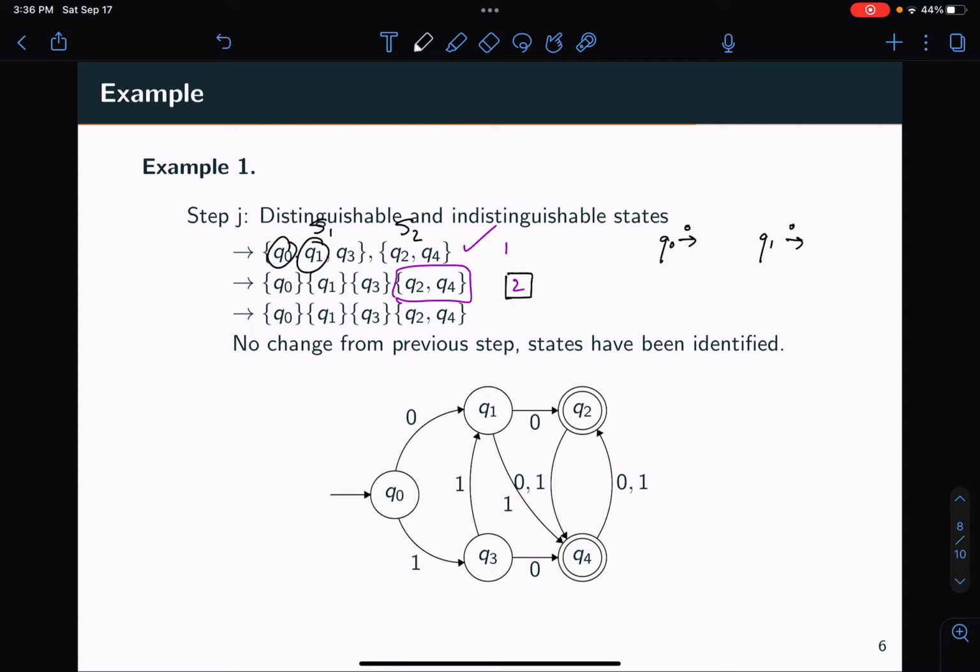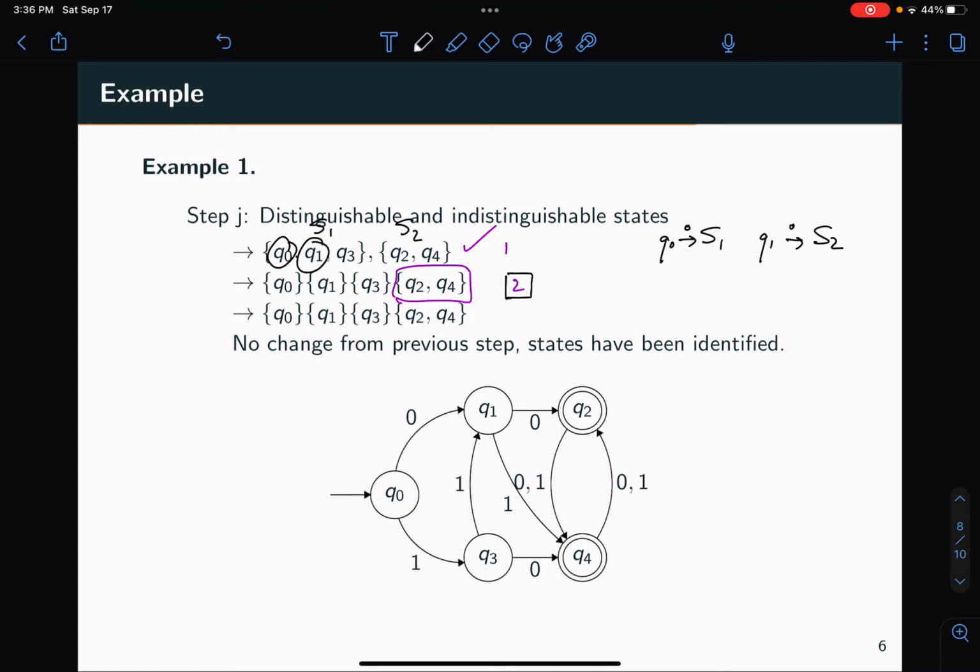So at Q0 and at Q1, if I read a 0, for Q0 I go to Q1, which is part of S1. But from Q1, if I read a 0, I go to Q2, which is part of S2.